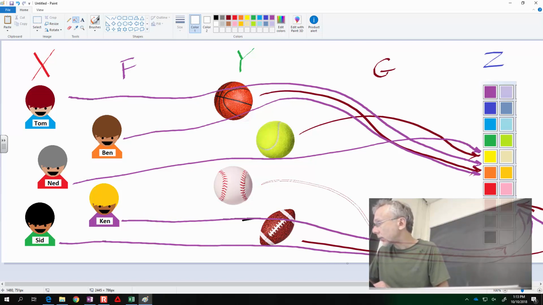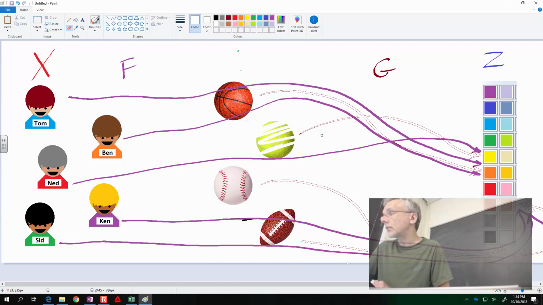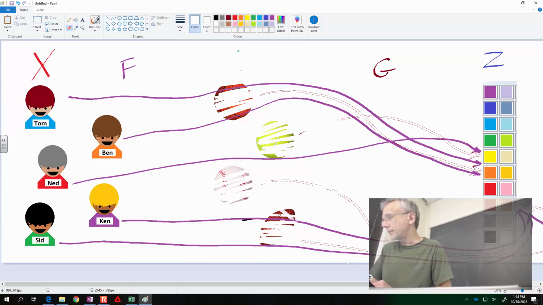So there are some leftovers, but the function from the balls to the colors is of no need to us. Now I want to go straight from X to Z. So I am eliminating Y, as well as all of these. Okay, I have a new function.